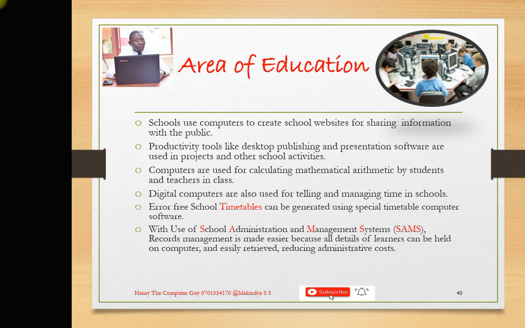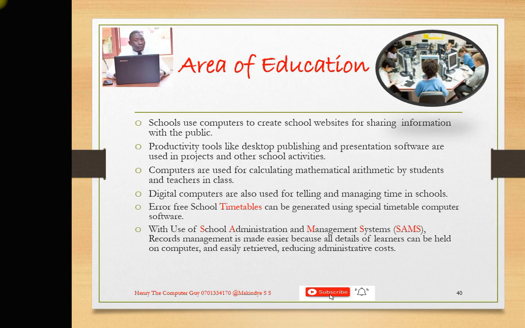With the use of a school administration and management system, record management is made easier because all details of learners can be held on computer and easily retrieved, reducing administrative costs. Whenever you are admitted to a school, all your details are captured and entered into the computer. Whenever we are looking for that information, we just search for it in a computer.